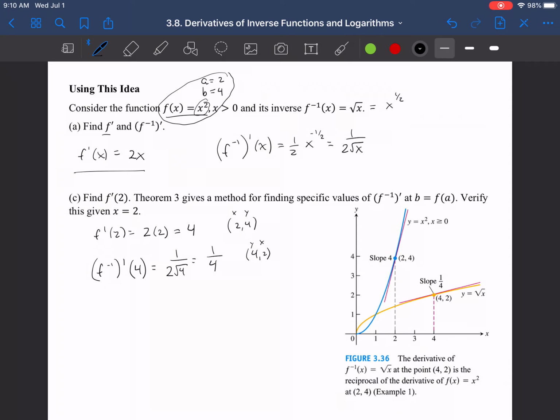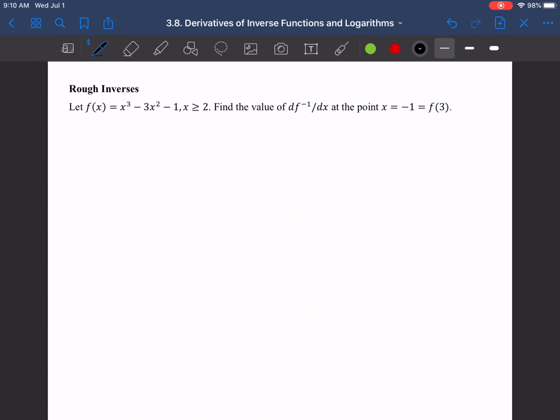So let's take another look at one more example here. And then I think we're done with this section. So let f of x equal x to the third minus 3x squared minus 1 whenever x is greater than or equal to 2. Find the value of the derivative of the inverse function at the point x equals -1 equals f of 3.